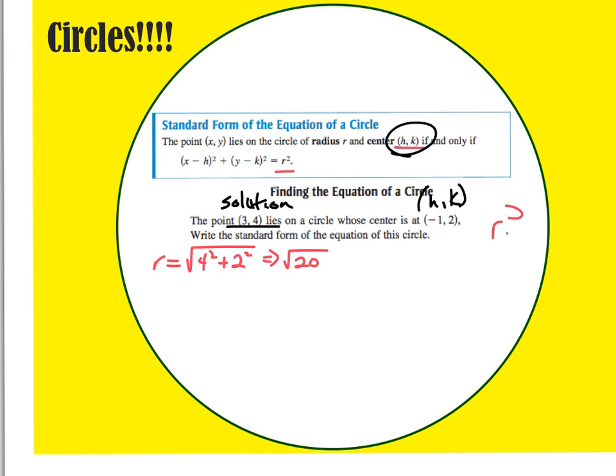Fine, just like that. So now, how do I find the equation of a circle? I need my h and my k. Do I have those? Yeah. And do I have my radius now? Yeah. Now I can just substitute them in. So I end up having the quantity of x minus negative 1 squared, and then plus the quantity of y minus 2 squared is equal to the square root of 20 squared.